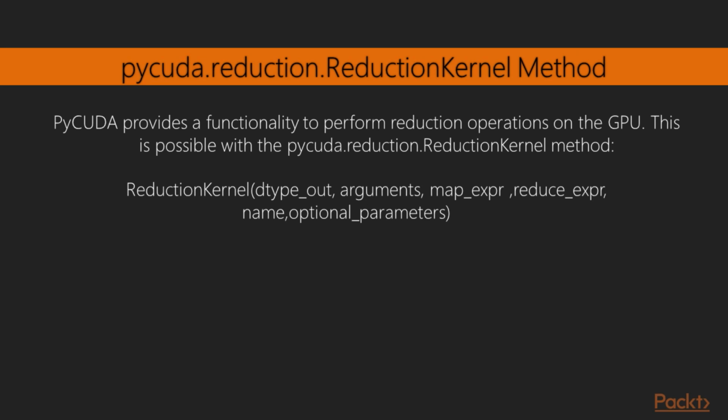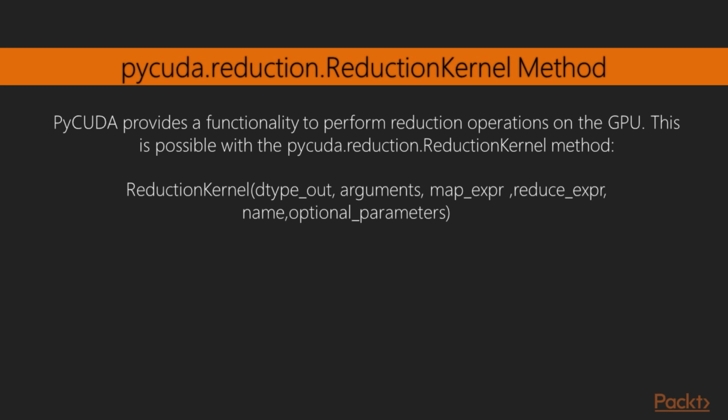Reduce expression. This is a string that represents the reduction operation. The operands in this expression are indicated by lowercase letters such as A, B, C, up to Z. 5. Name. This is the name associated with the reduction kernel with which the kernel is compiled. 6. Operational parameters. These are not important in this recipe as they are the compiler's directives.